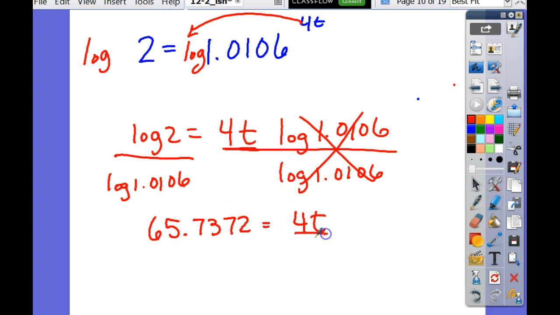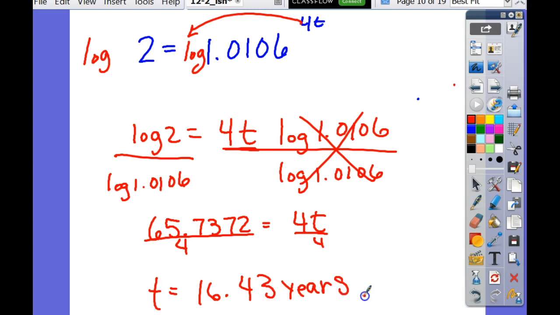Now all I have to do is divide by 4. 16.43 years. You take the log of both sides when you are solving for a variable that is in the exponent position. That's when you take the log of both sides.